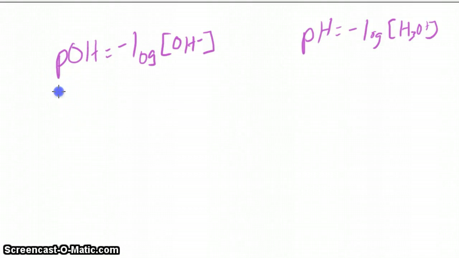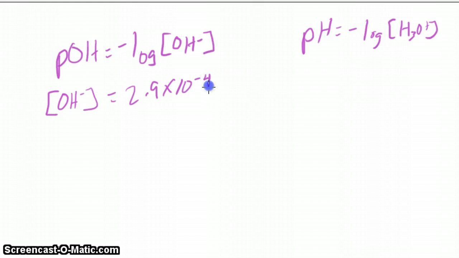So let's do a little example. Let's say that I have a hydroxide concentration of 2.9 times 10 to the negative 4 molar, and we want to know what is the pOH. To do this problem, we're going to use the pOH equation.